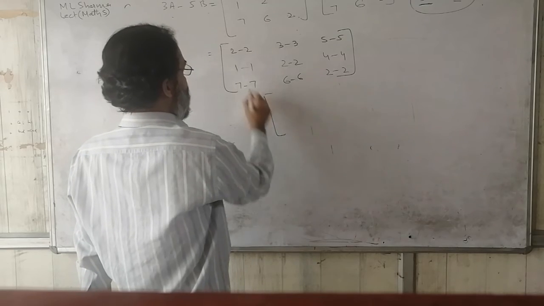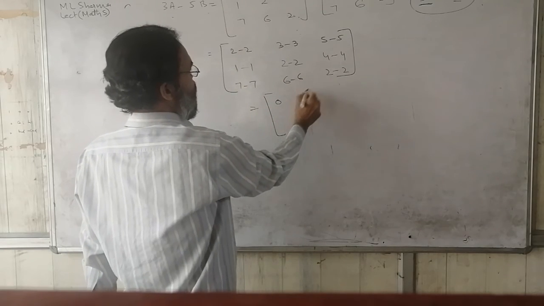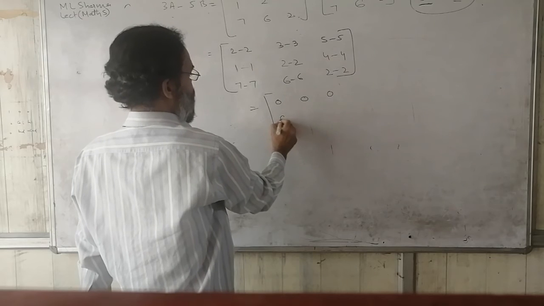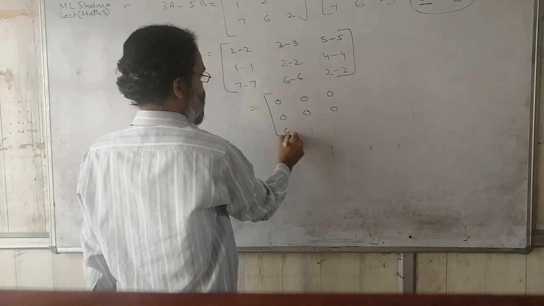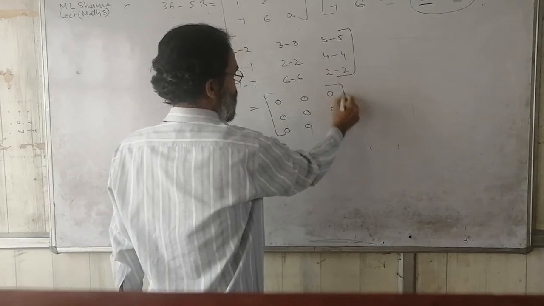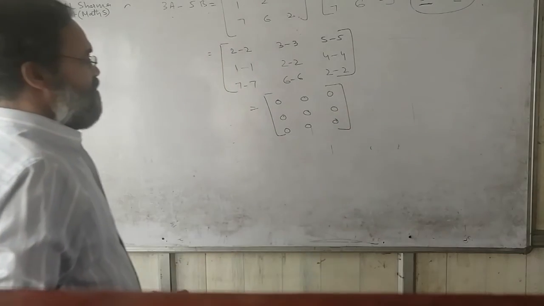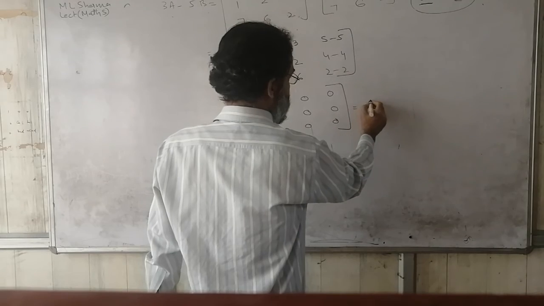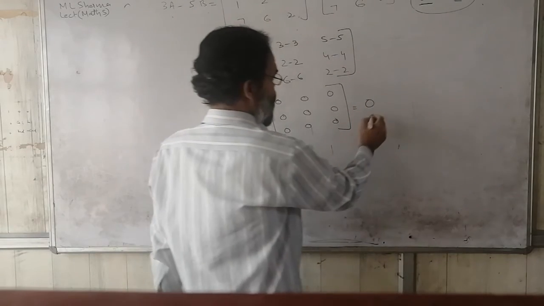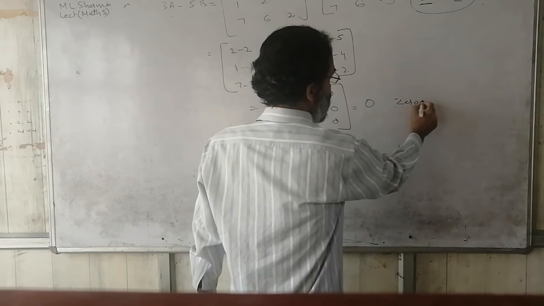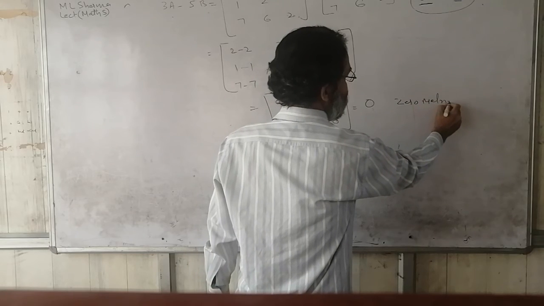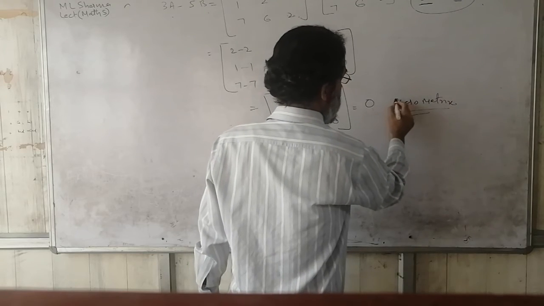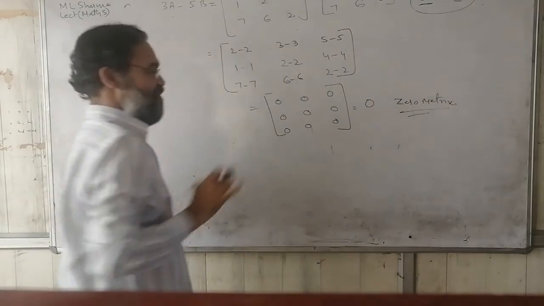So finally 0 here, 0, 0, 0, 0, 0. This is a matrix of 3 by 3 order, and it can be written as matrix 0, and this is called the zero matrix.